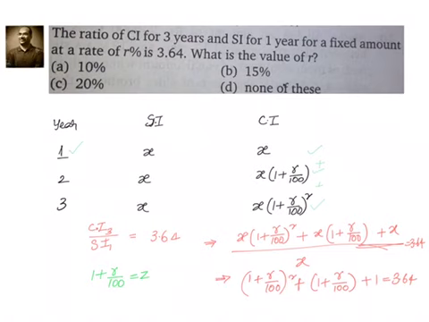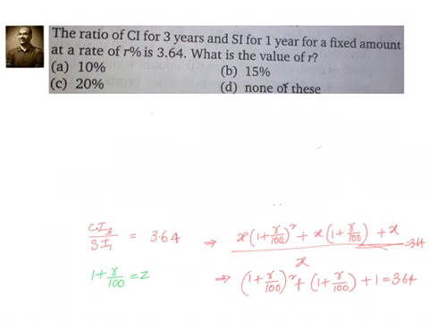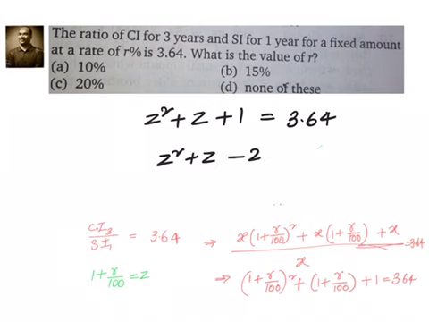Let's go to the next step. We will write down Z square plus Z plus 1 equal to 3.64, or can I write Z square plus Z minus 2.64 equal to 0.